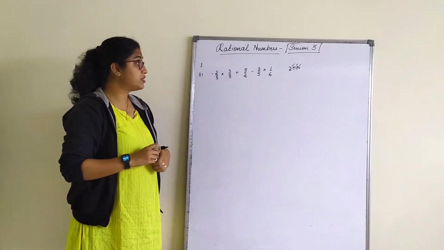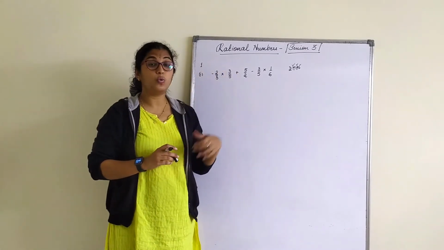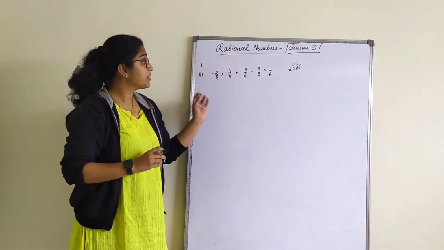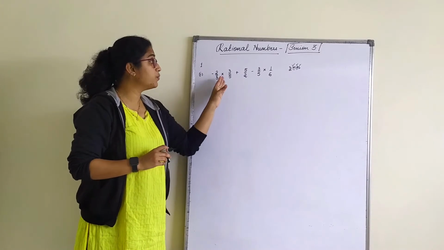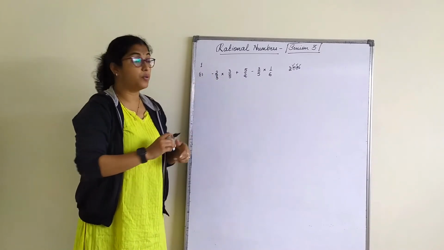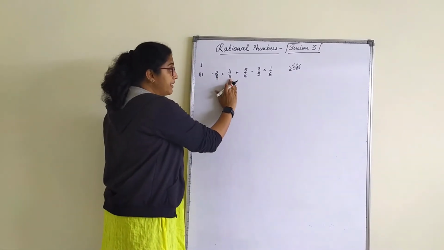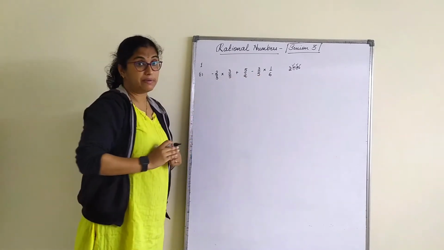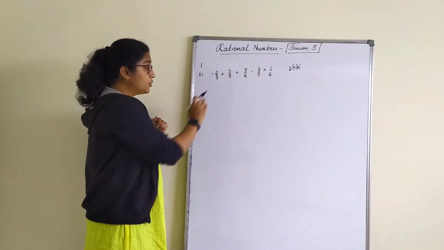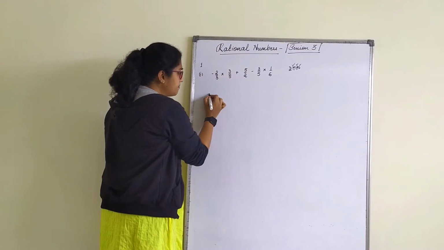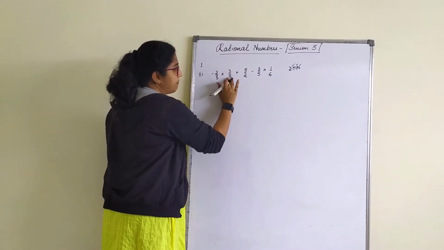Let us first check. When we look at such types of sums, just look for a term which is common in both. For example, here 3 by 5 is there, and we have another 3 by 5. So what I will do here is interchange the writing pattern.